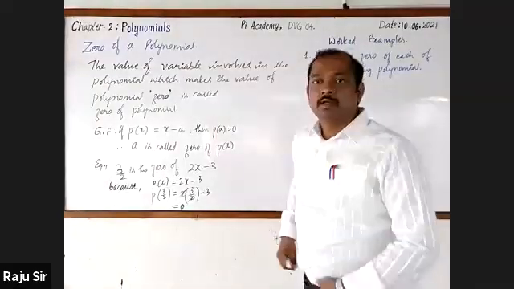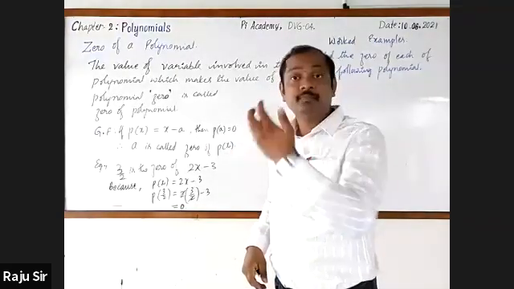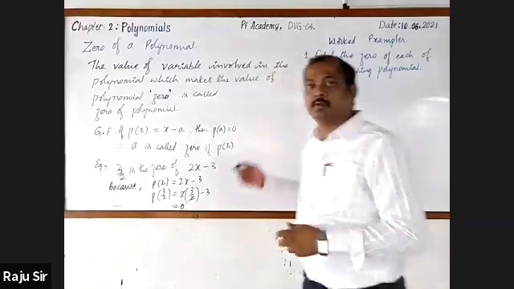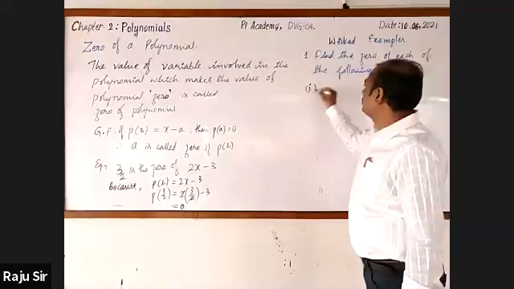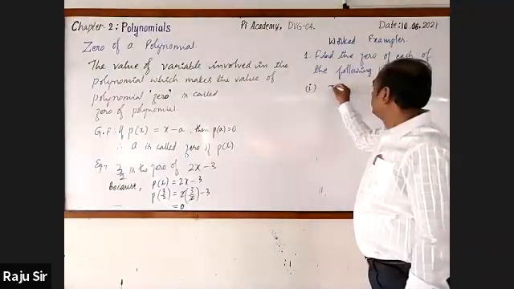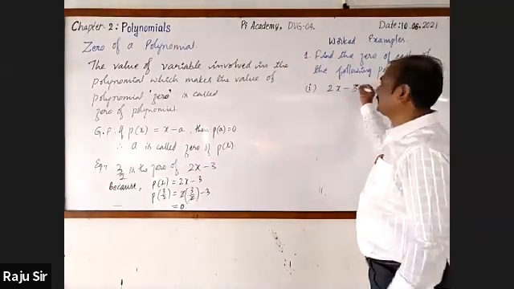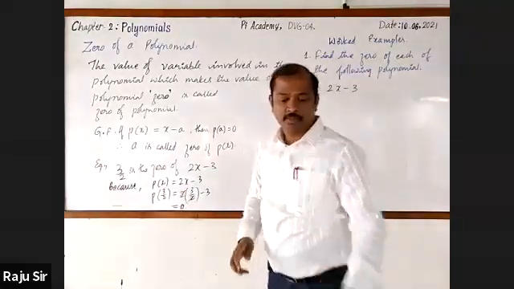Afterwards, I'm going to give you some polynomials taken from your previous year question papers. First one, I take 2x minus 3. Already we know the zero is 3 by 2, but it should be found out.